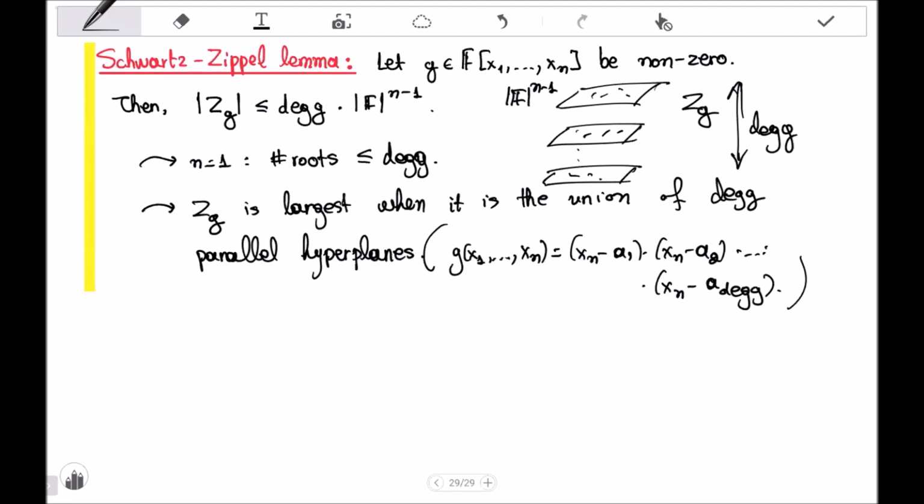Okay. So I'm just saying this because there are continuous versions of this lemma, and you might remember it more easily if you see it through this.